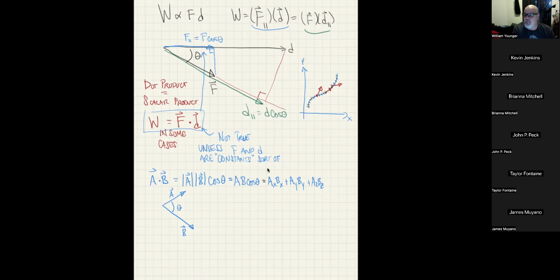And to be honest with you, the more stuff you know about how to manipulate vectors, the easier your life can be. For instance, you can talk about a vector, which I'll call the projection. So let's say the projection of A onto B. Okay, this is a vector.